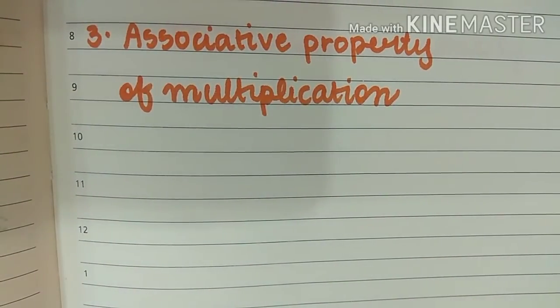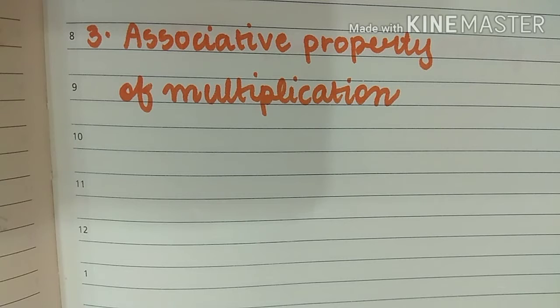Now we are going to learn associative property of multiplication. You remember we learned the associative property for addition. Now we are going to learn the associative property for multiplication. So let me explain this property first. This is it.